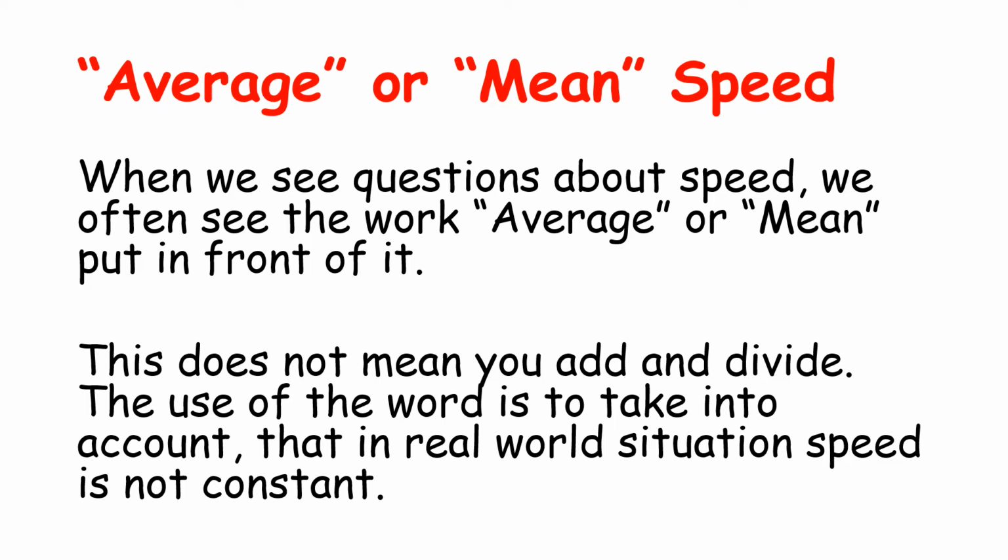So we simplify our questions for Junior Cert, and for average and mean, they're basically saying, if you had traveled the whole journey at the same speed, what would that one speed have been? So please be careful when you see that question not to do any kind of funny averaging that you may assume you should do. And like I said, this is why I'm talking about it now.